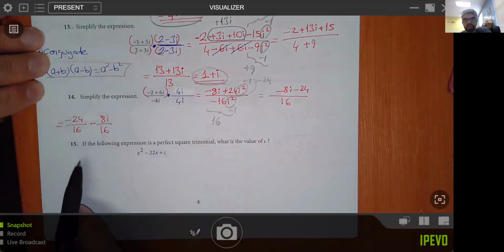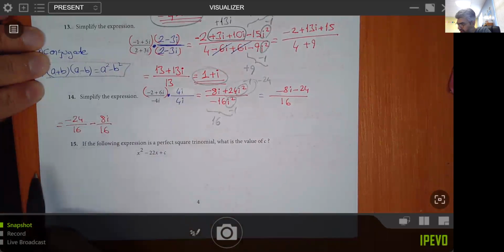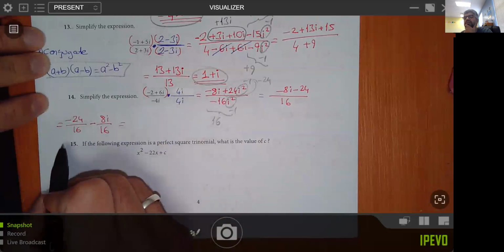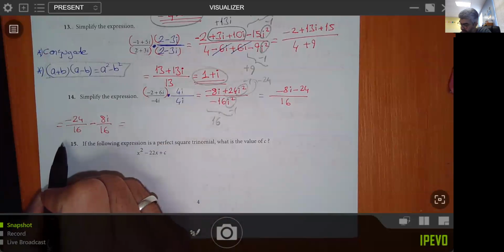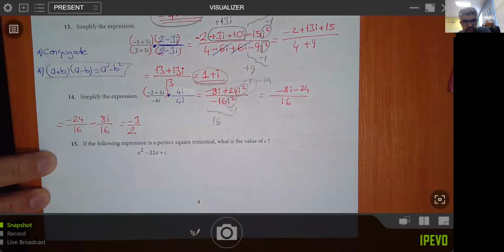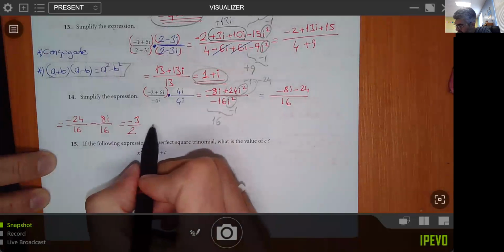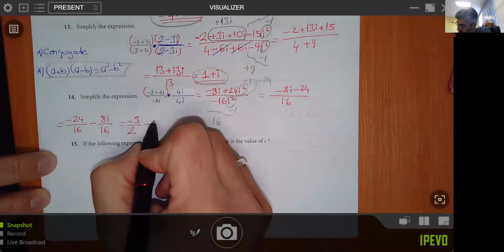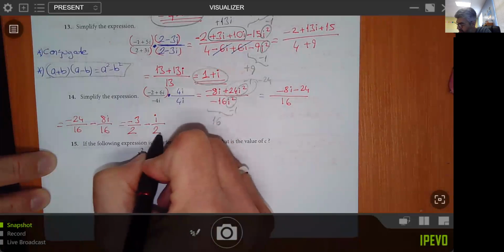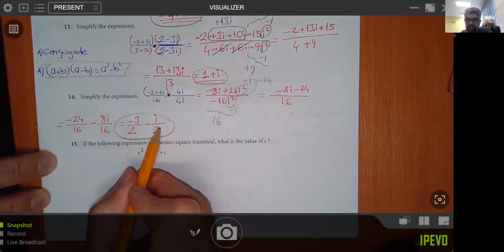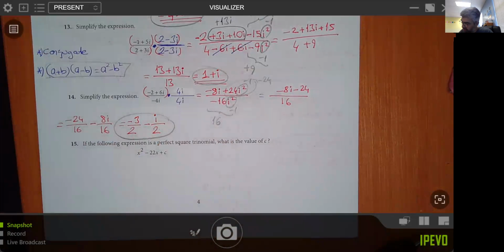You see, I wrote real part and imaginary part separately. And if I simplify 24 and 16, I can simplify by 8, and I will get -3 over 2. This is the real part. And minus, if I simplify 8 and 16, I will have 1 over 2, so that is i over 2. Okay, this is good. Now I have a plus bi in the standard format. This is the simplest version of the final answer.